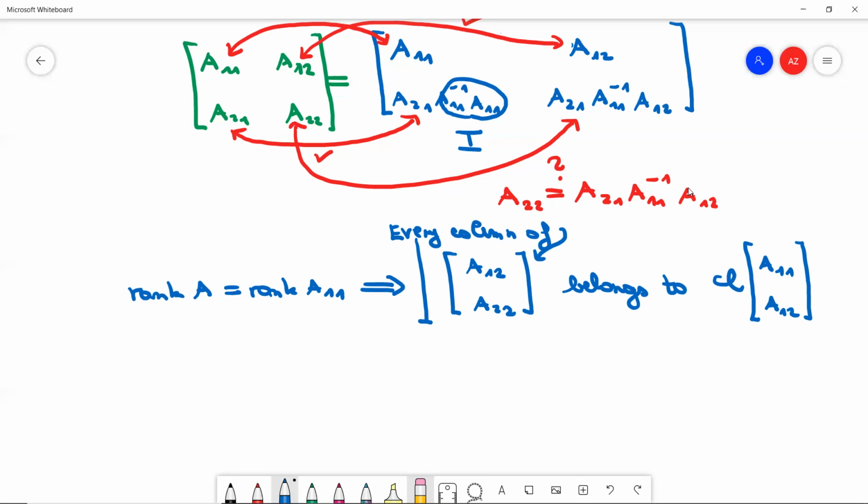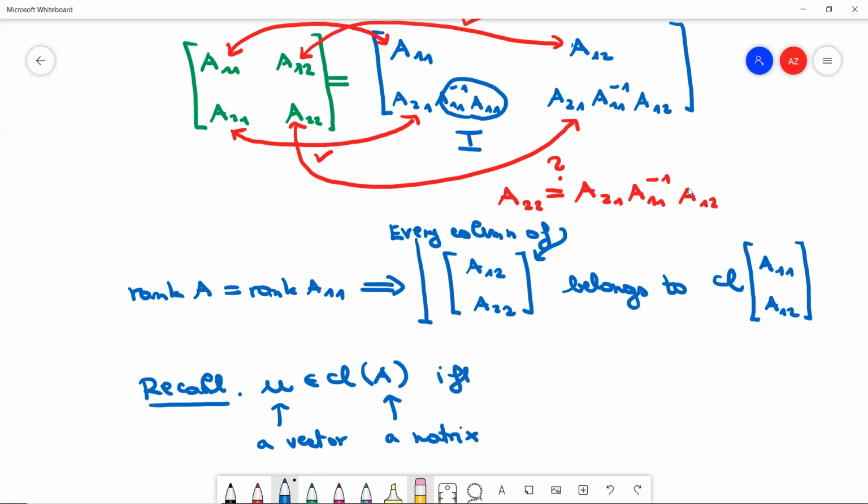And let's recall from the last time. We said if you have matrix A, then a vector U belongs to the column space of A. So this is a vector, and this is a matrix.